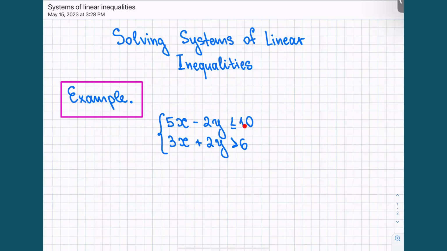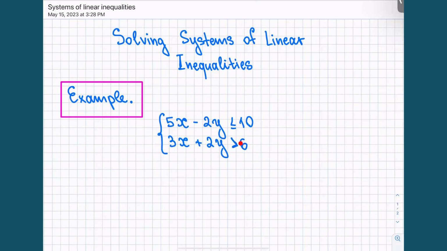Here, in the second inequality, you have a strict inequality, and it's strictly greater than 6. So if at some point your left-hand side is equal to 6, it will not be a solution to this inequality because you have a strict inequality.